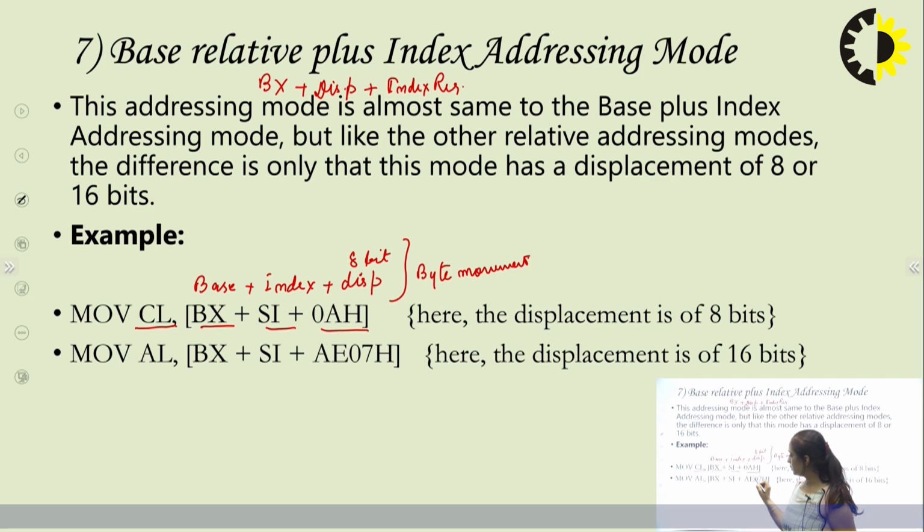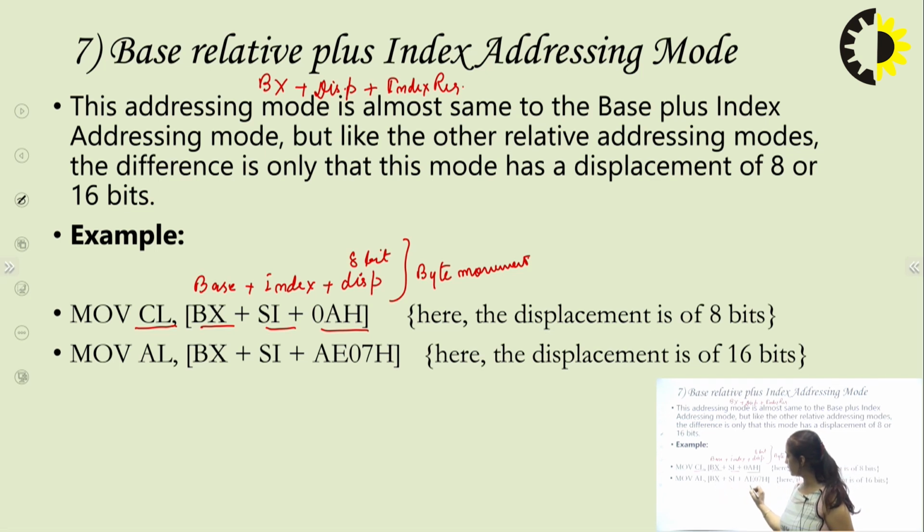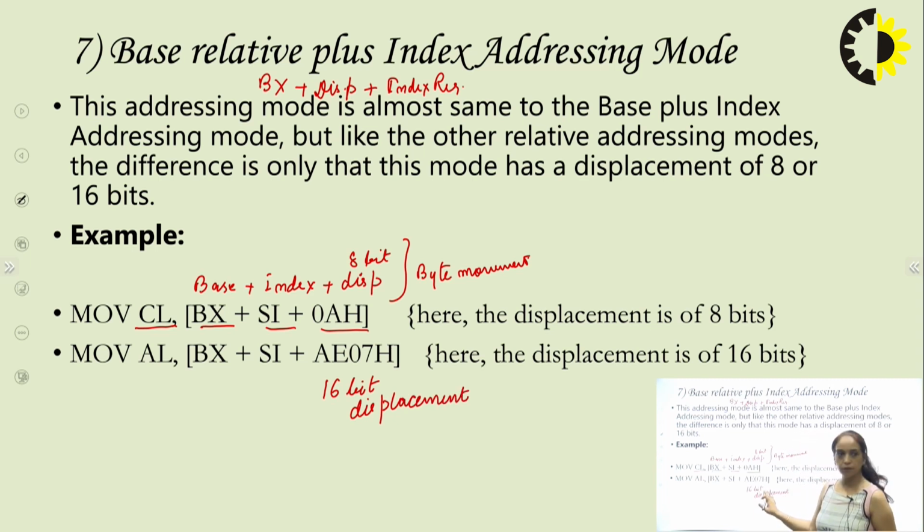So whatever byte is present at this address, here the only difference is the 16-bit displacement. So whatever byte is present by calculating this address will be copied to AL, right?